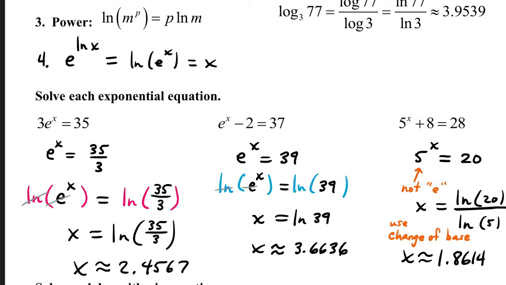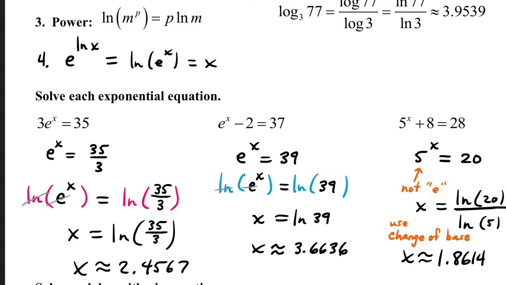Just type this in your calculator, press natural log, 35 divided by 3, close that up in parentheses, and you can check this answer. And we did in class, we took this answer and multiplied 3 e to the answer we got, and we got 35 back. If you use a rounded off number, when you check, you'll get approximately 35.